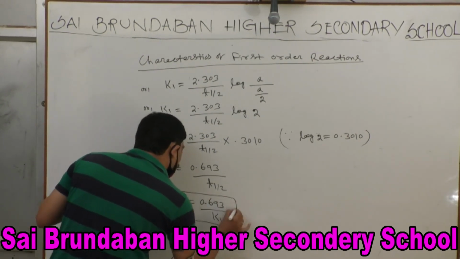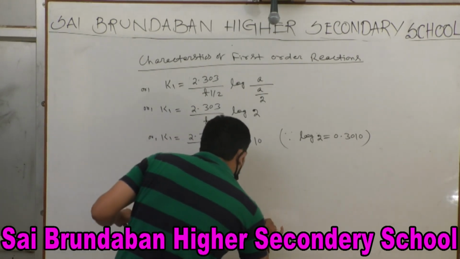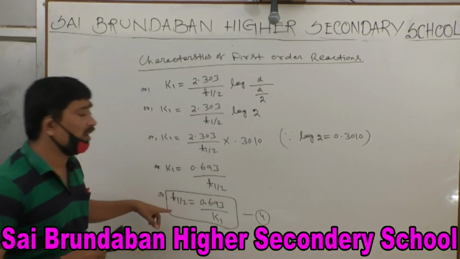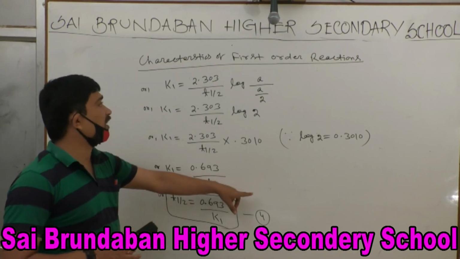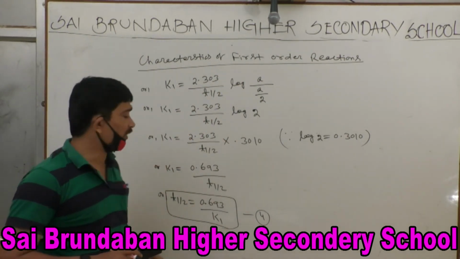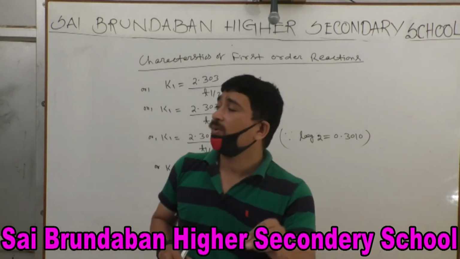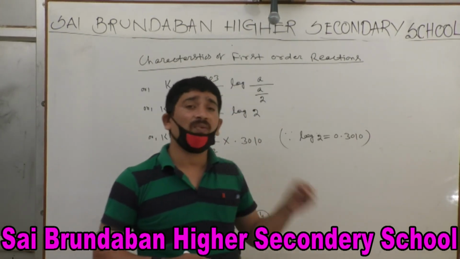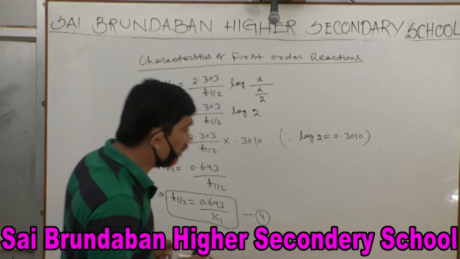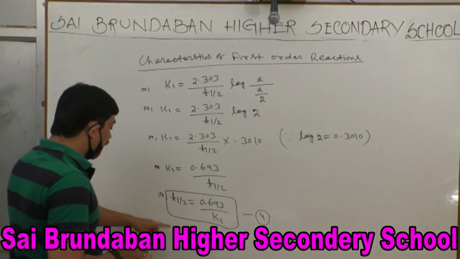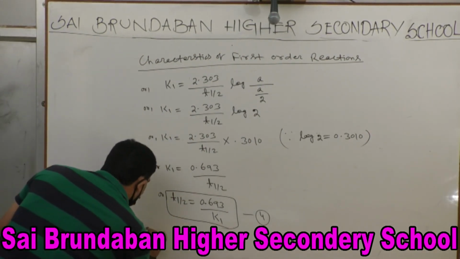Clear? So this is the required equation to calculate the value of half-life period for first order reaction. Equation 4 is the desired or required equation.